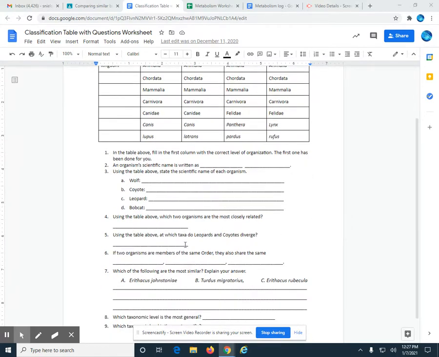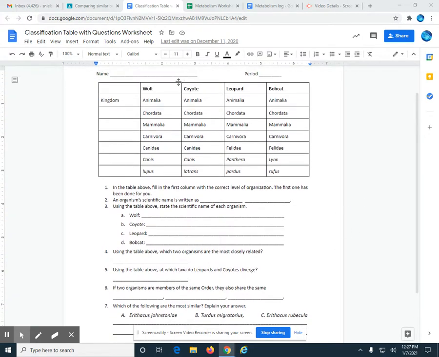And at which taxa do leopards and coyotes diverge? Well, let's see, family. Leopards and coyotes do diverge in family: kingdom, phylum, class, order, family. Yes, absolutely, family's right here. Perfect. Okay?